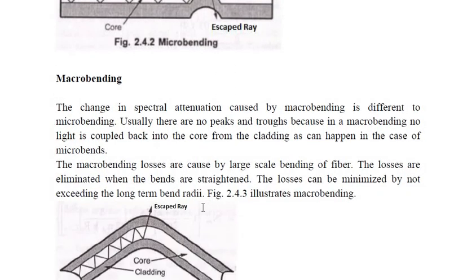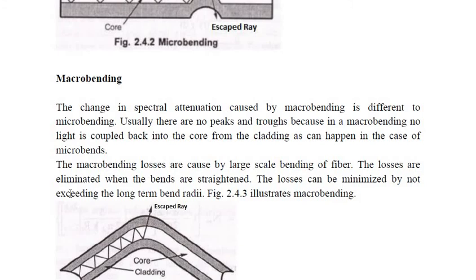Macrobending. The change in spectral attenuation caused by macrobending is different from microbending. Usually there are no peaks and troughs because in macrobending, no light is coupled back into the core from the cladding, as can happen in the case of microbending. The macrobending losses are caused by large-scale bending of fiber.